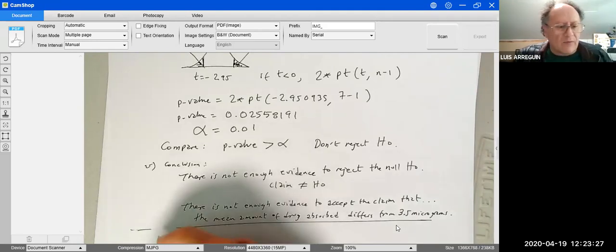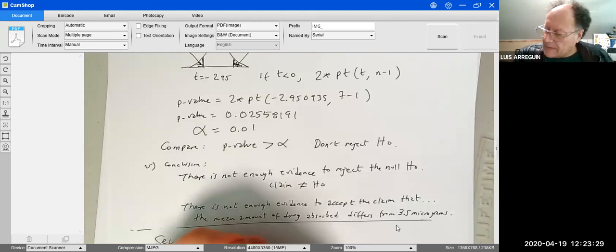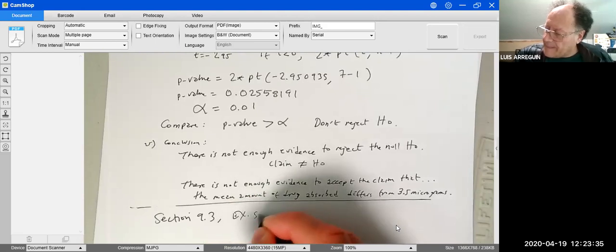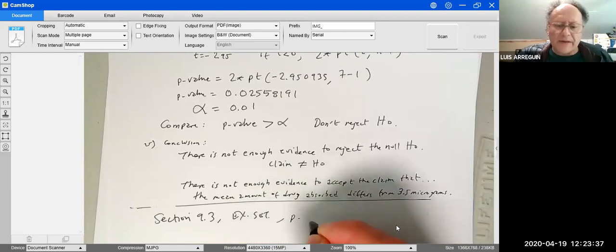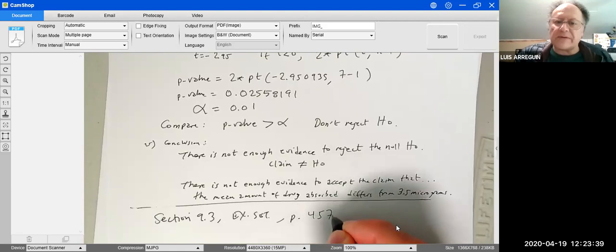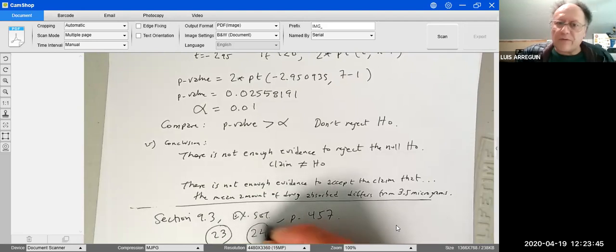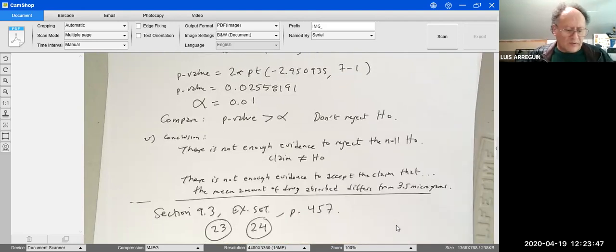So you're gonna work on section 9.3 exercise set on page 457. You're gonna work problems 23 and 24. So work on these problems because you're gonna have problems like this in your quizzes online and in your final exam too.